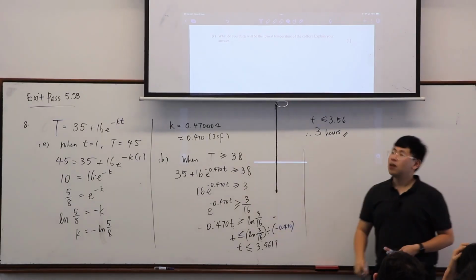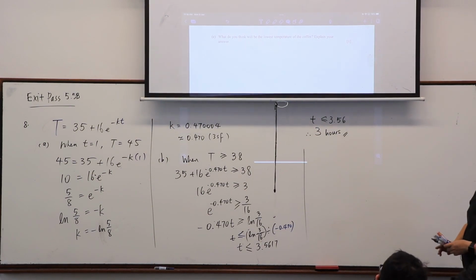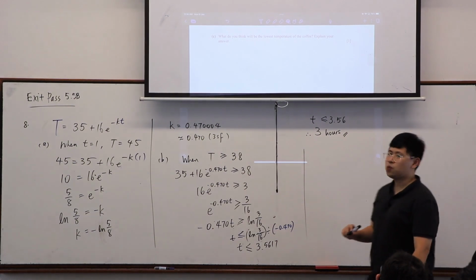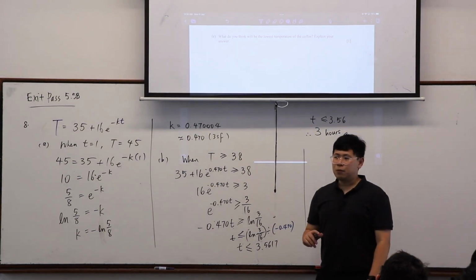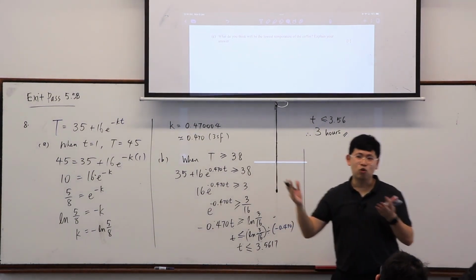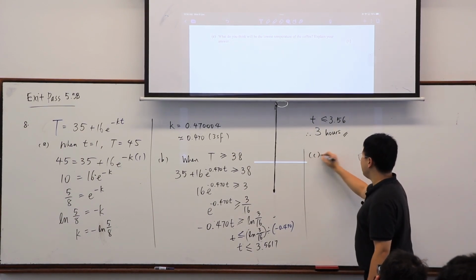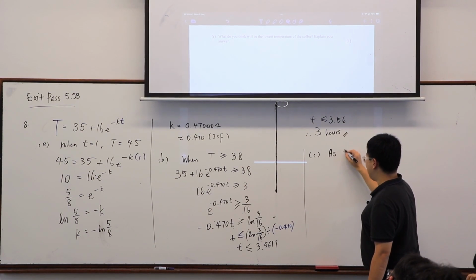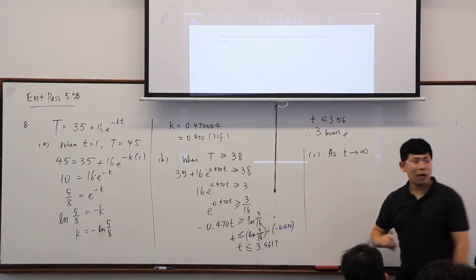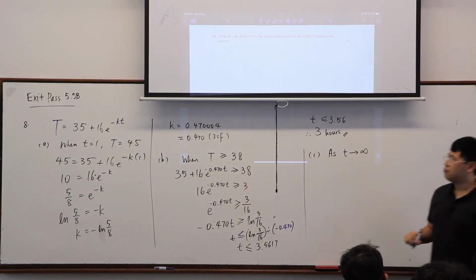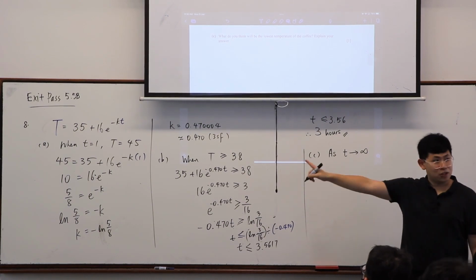Part C, what do you think will be the lowest temperature of the coffee? Explain your answer. Okay, so for the lowest temperature, because it's a cooling thing, we need to let it cool forever. So when time goes to infinity, what happens? We start from the exponential function.